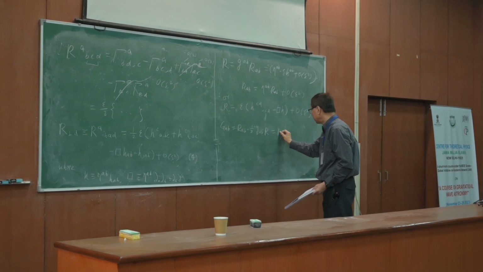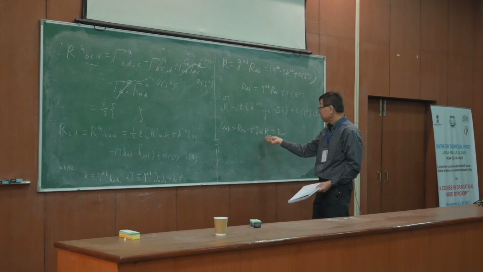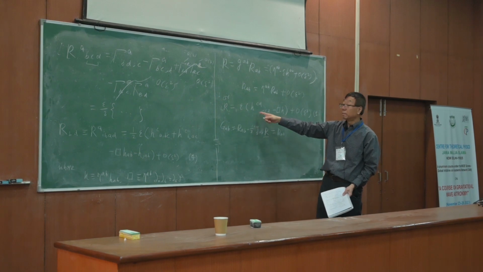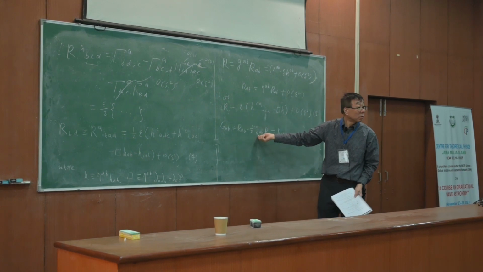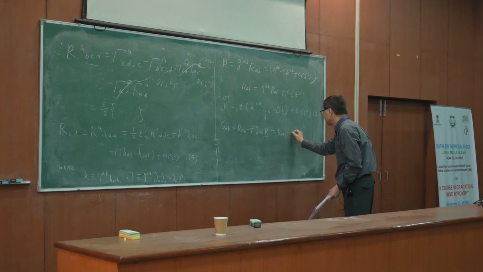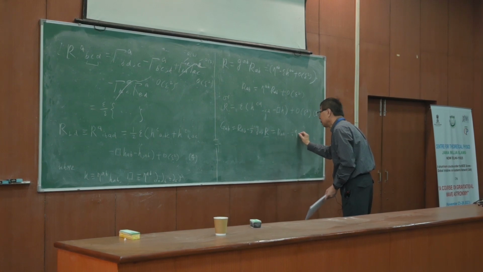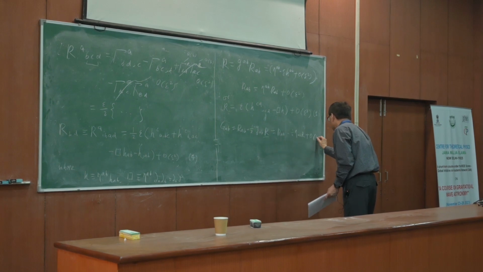So I have R_AB, but this is also first order here, so this has to be 0. So it equals minus eta_AB R plus.